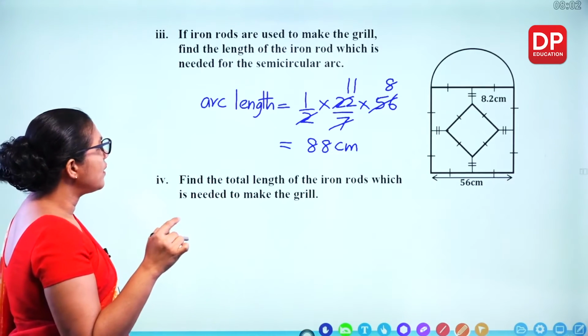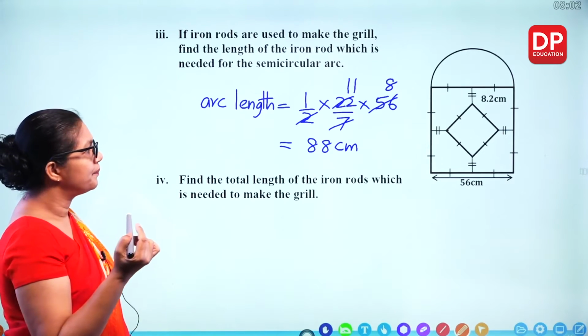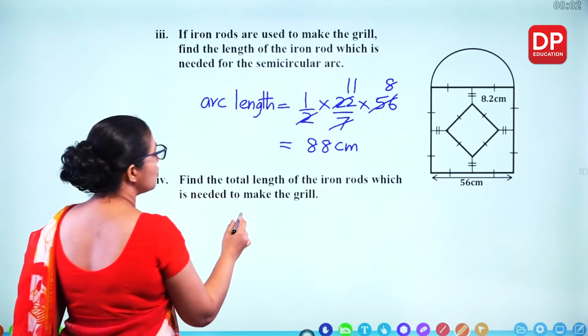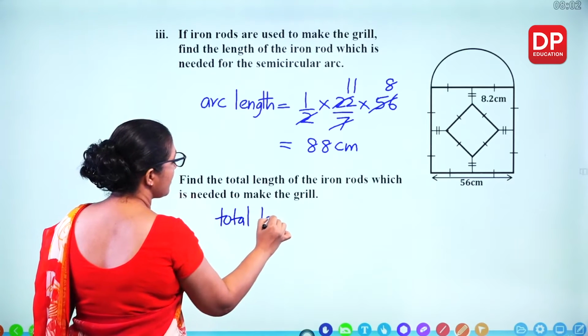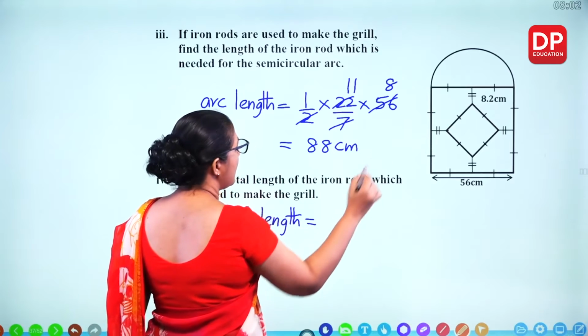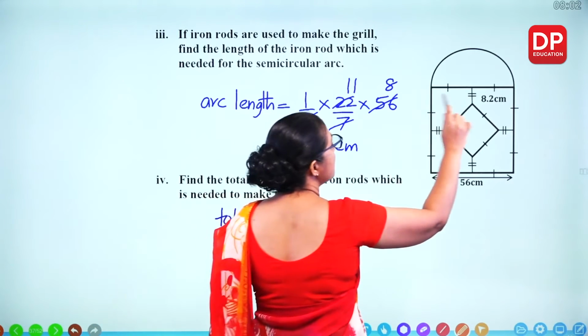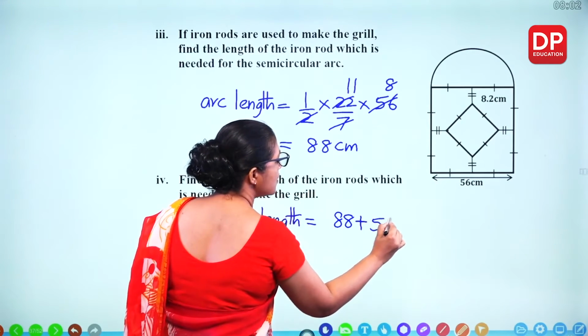And find the total length of the iron rods which is needed to make the grill. So let's find all these lengths. Total length is equal to the arc length, 88, and you get 56 times 4.